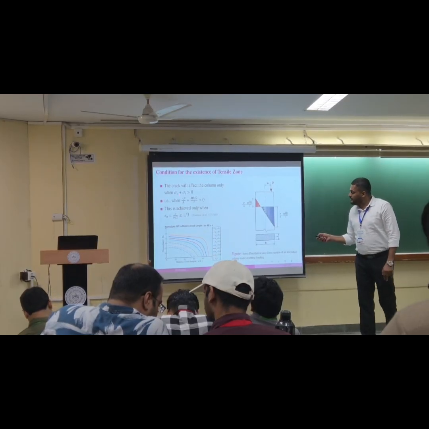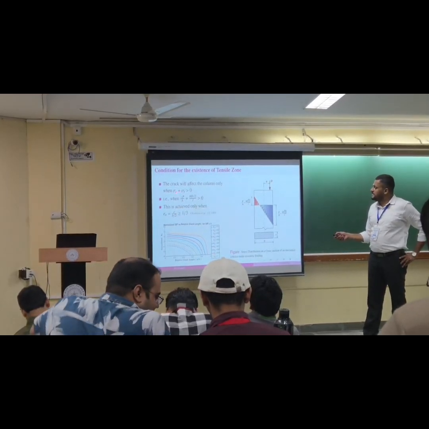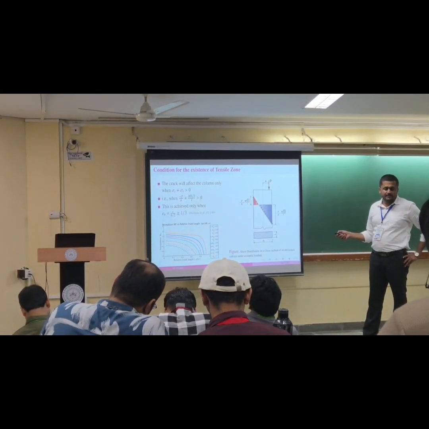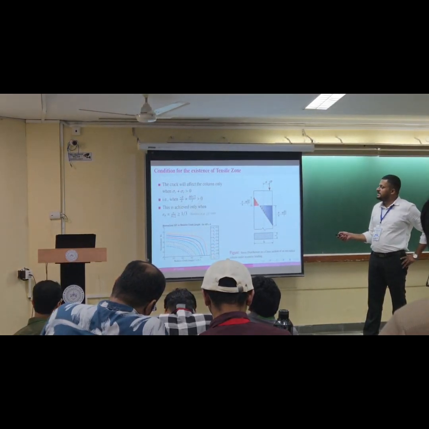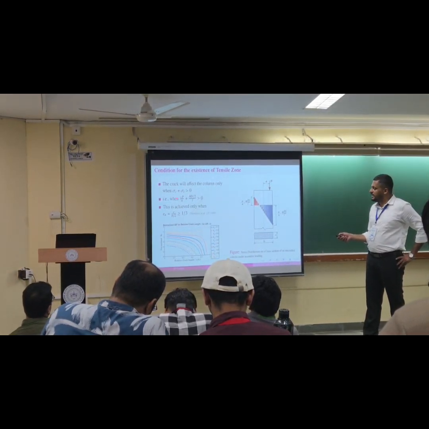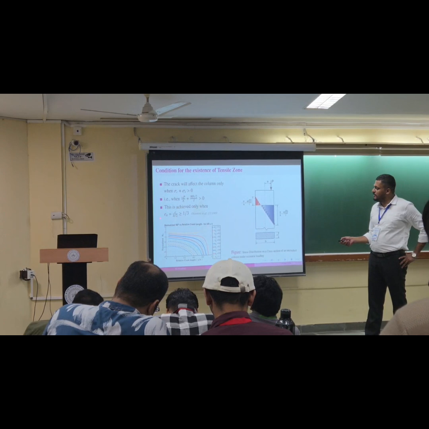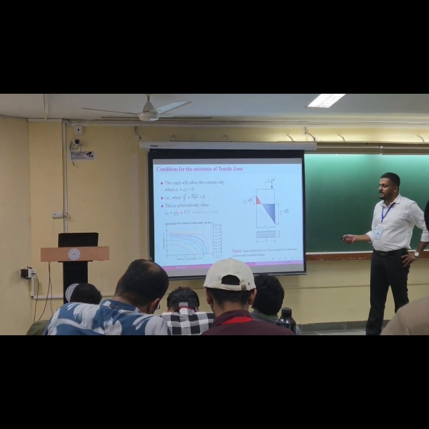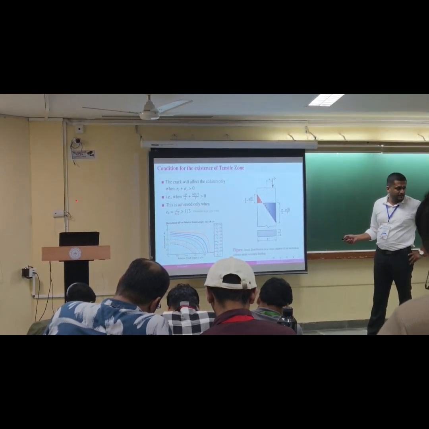That shows that when the stress at the crack location is tensile, greater than 0, we have an opening crack, and that is achieved only when the eccentricity is greater than or equal to 1 by 3.